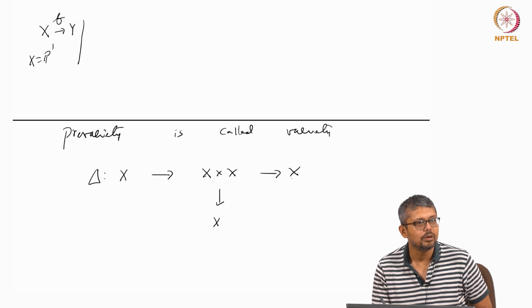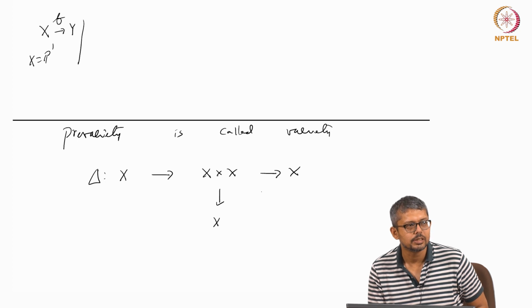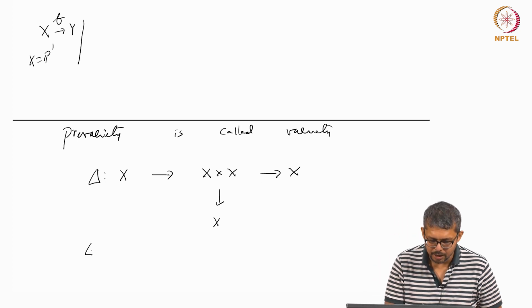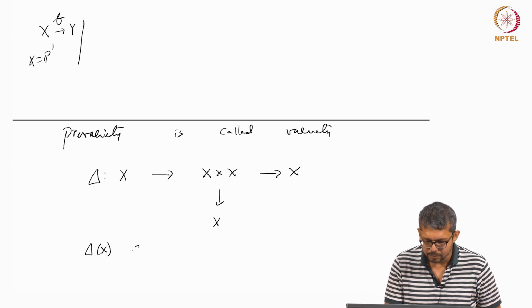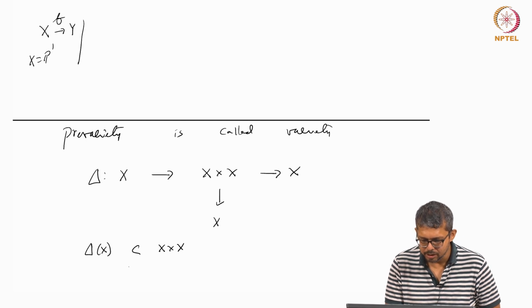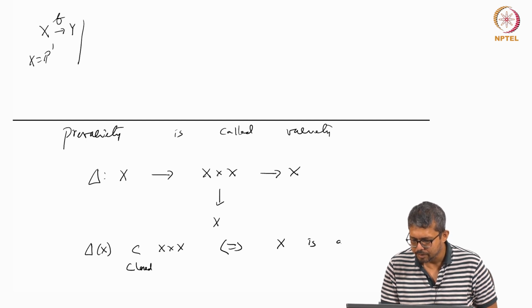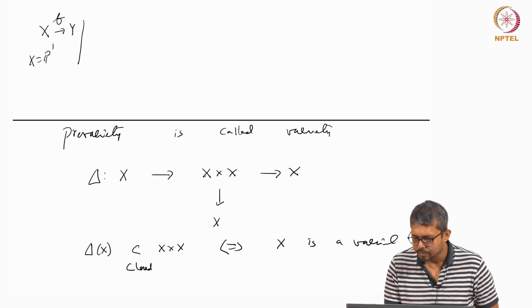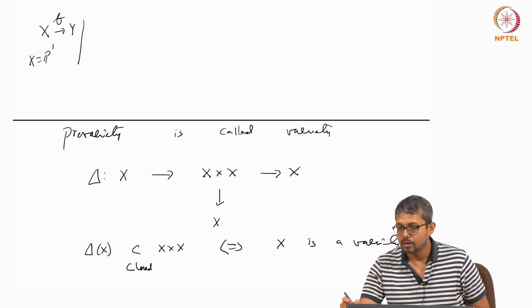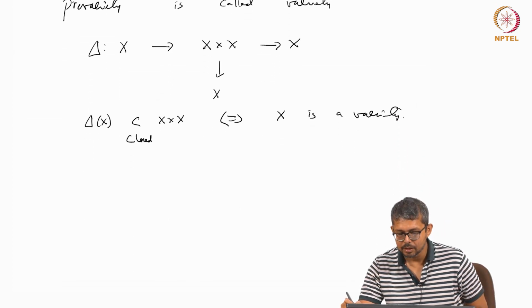So then there is a canonical map from x to x cross x, and if the image of delta x in x cross x is closed, then you call x a variety, or separated.